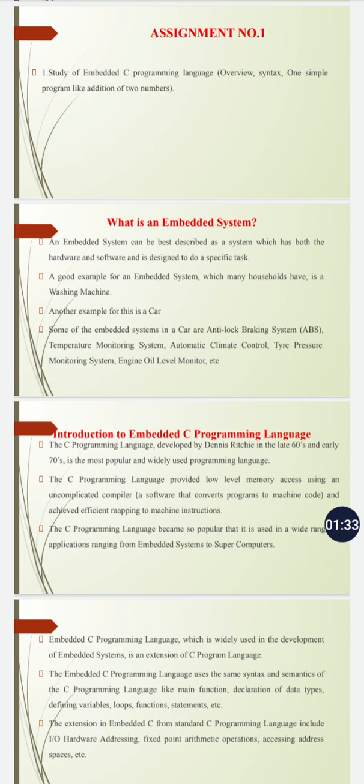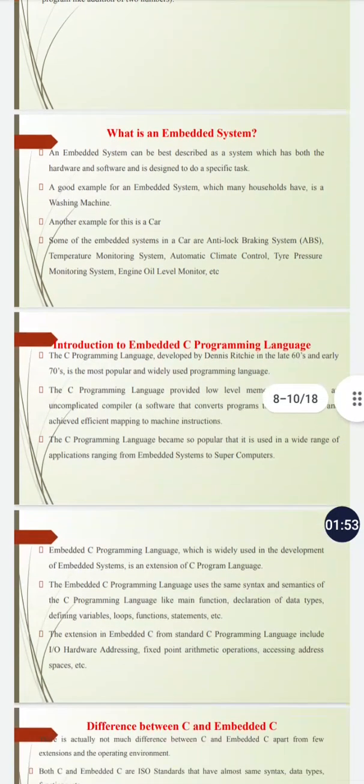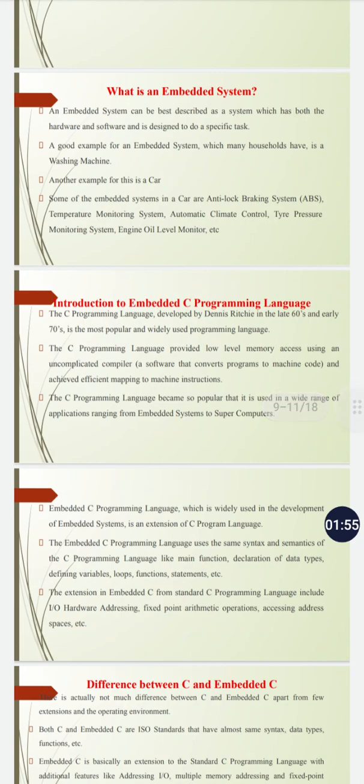Basically it is a derived version of your normal C programming language, which was developed by Dennis Ritchie in the 1960s. So if anyone asks you the difference between C and embedded C, you can tell there is not much difference between them.